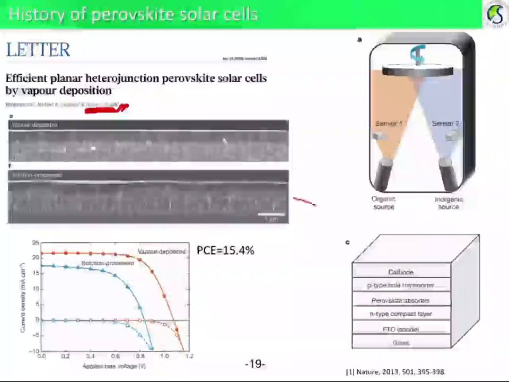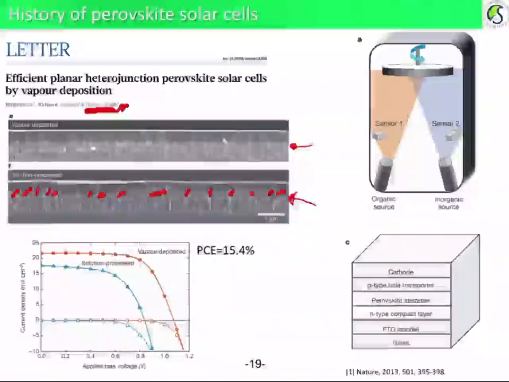Typically, by using just a bare solution process, it is difficult to form a very uniform perovskite layer. But if we use the dual source evaporation process, we can form a very uniform perovskite layer to construct the planar heterojunction device.